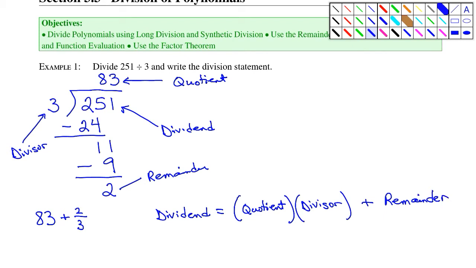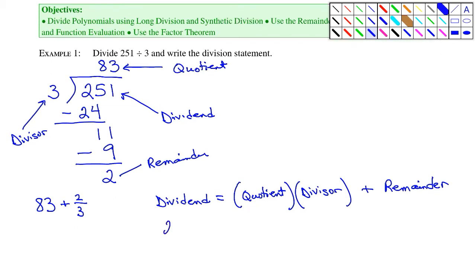And this is a statement of how you can rewrite the process of division as an equation in a single line here. So this would be 251 is equal to the quotient, 83, times the divisor, 3, plus the remainder, 2. And if you were to work out 83 times 3 plus 2, you would get 251.